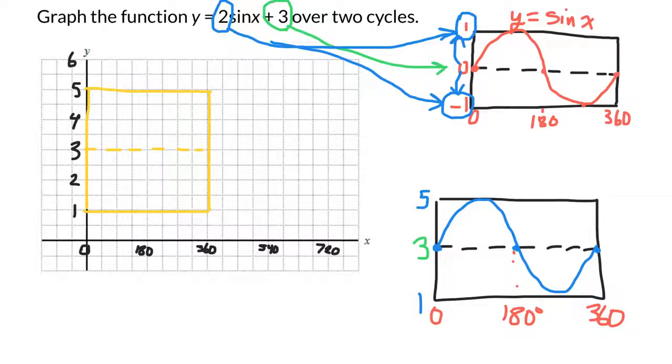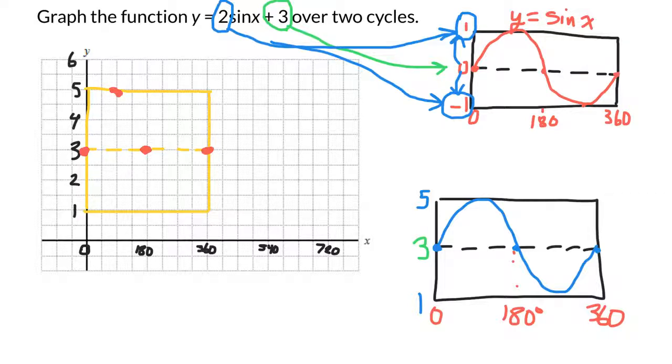It's a sine curve, so I know it's going to start on my central axis and it's going to end at the same point for a complete cycle. Halfway in between those 2 points, I'm going to be on the central axis. Between the first and second points, halfway between those, I'm at the maximum.